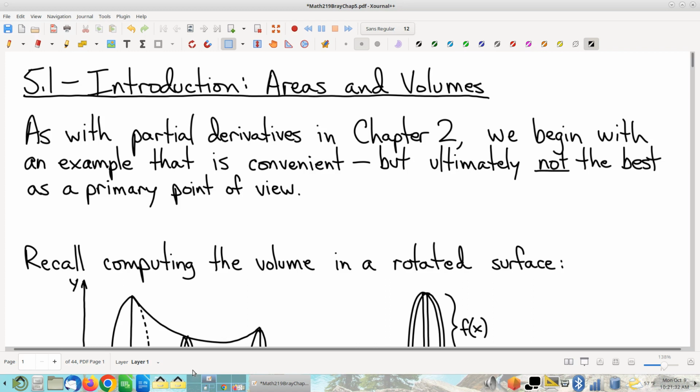Well, as you all may have heard, rumor-wise around campus, the last part of multivariable calculus is the most challenging. That's where there's the most ideas that connect in the most different ways, and there are geometric visualization challenges, and there's just a lot to do with Chapter 6 and 7. It's a big deal, and that's where it gets the most interesting, one could say, but definitely the most challenging.